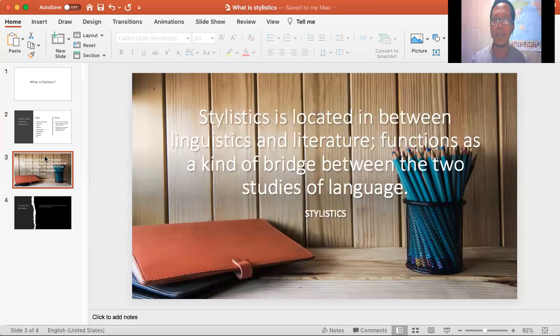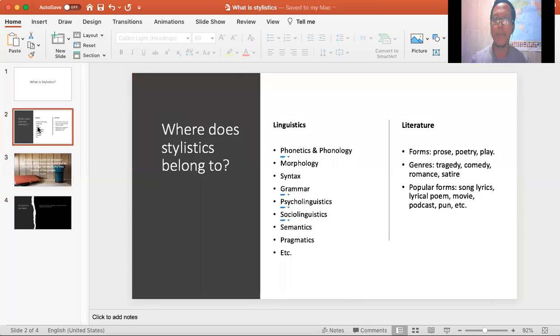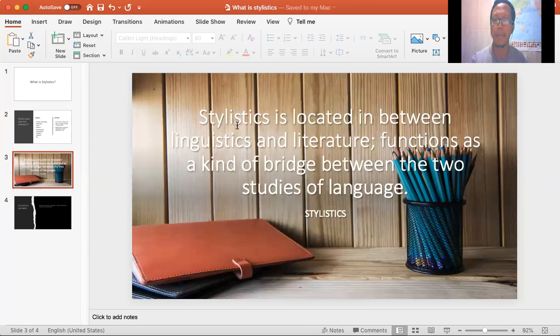So it is not strictly part of linguistics, and it is also not strictly part of literature, because it is in between the two. To some point, it functions as a kind of bridge between the two studies of language. You will learn about the function of stylistics later in our class throughout the semester.